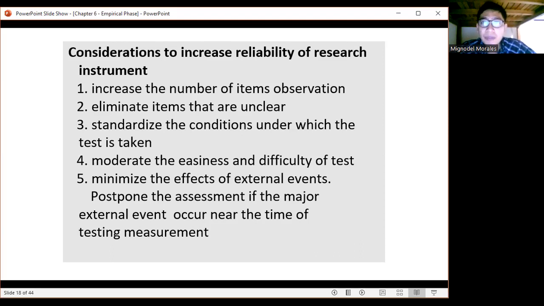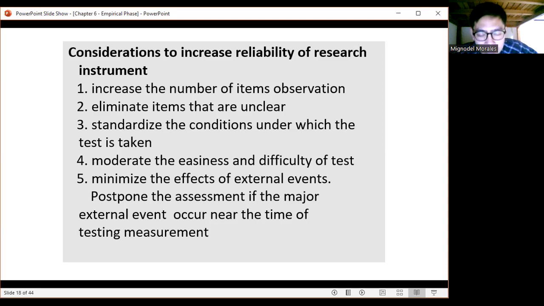Okay, so in an interview, you have scheduled an interview with your respondent this Wednesday. However, this coming Monday, she or he mentioned that her or his pet died.